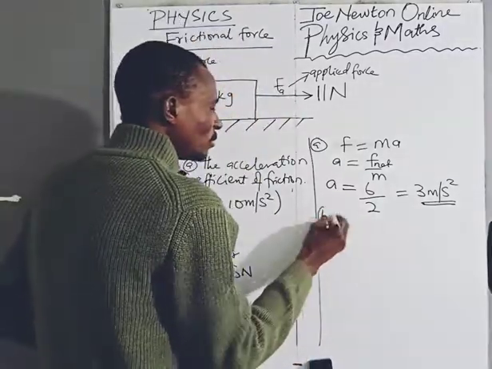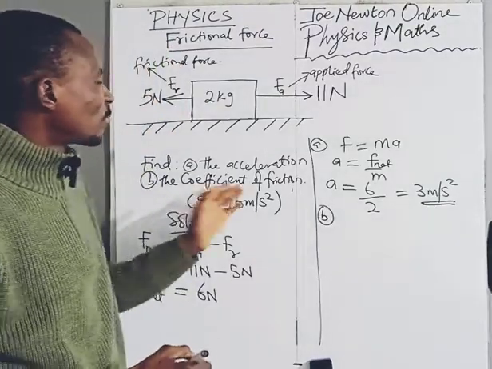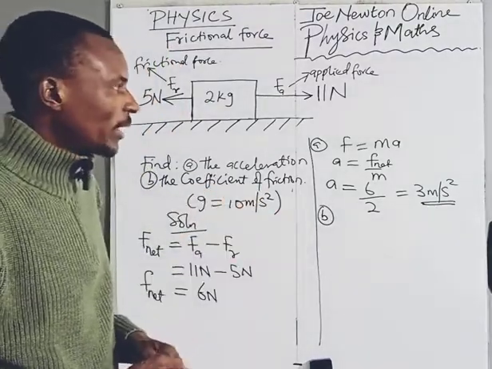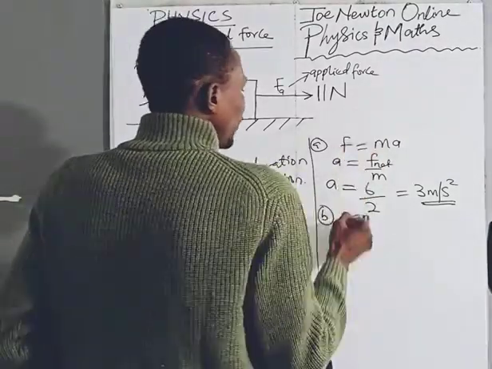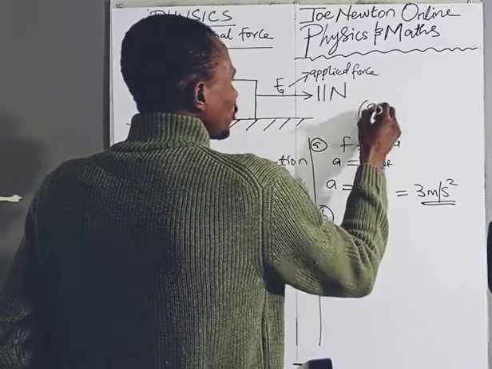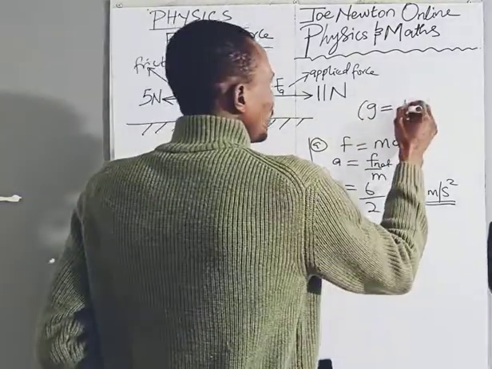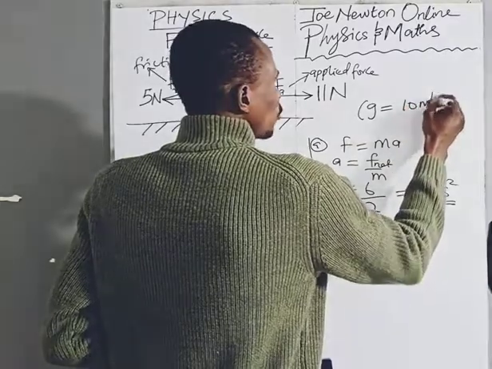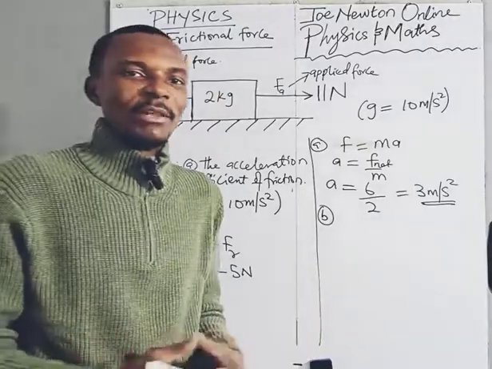Then B question. The B question asks us to find the coefficient of friction. Now for the coefficient of friction, remember that we have acceleration due to gravity approximately given as constant to be 10 meters per second square, unless otherwise given.